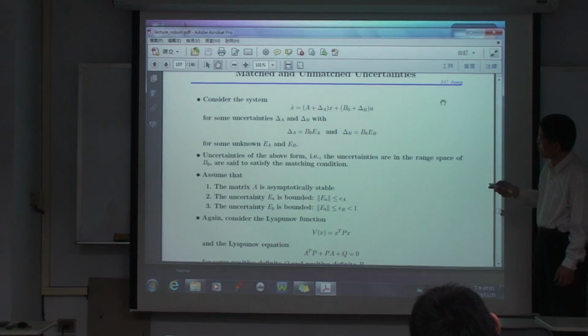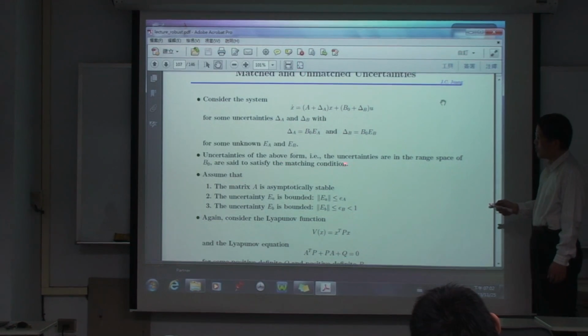And definitely you will then ask, why do we bother with matched and unmatched uncertainty? Typically, unmatched uncertainty means that this condition, or any of these conditions, are not satisfied. But the thing is, if you have matched uncertainty, or a matching condition, it simplifies the design.